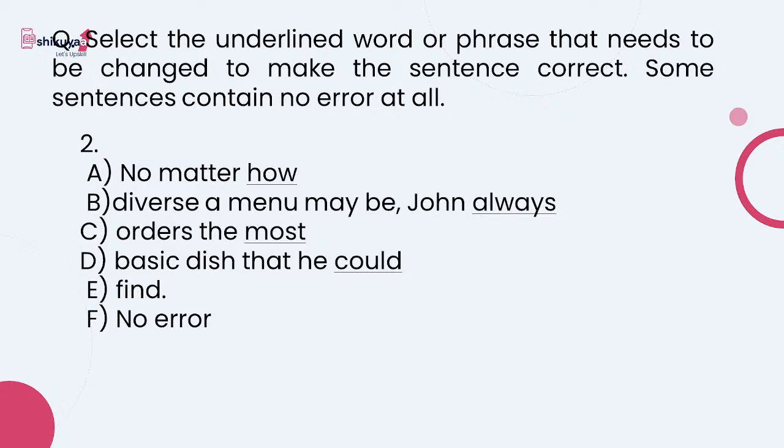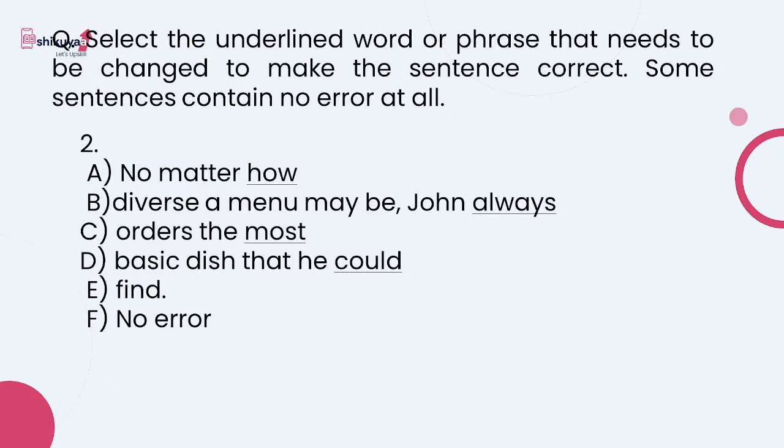Let's go for part D. Basic dish that he could. Now students, there is a problem in using could in this sentence, because the tense of this sentence is simple present tense, and if in half of the sentence you are using simple present tense, in the remaining clause you must use the present form of that helping verb. So instead of could, you should use can here. The sentence is written in the present tense.